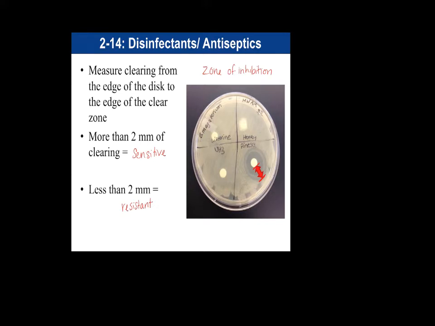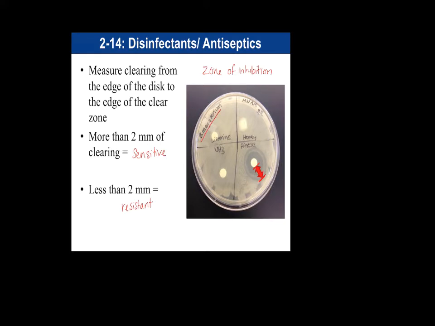If you have a metric ruler, I encourage you to take a look at how small a millimeter is. When we say 2 millimeters, it really is a very, very small clearing. So whether you get a large clearing or a very small clearing, if it is over 2 millimeters, it's still considered sensitive, meaning it's effective against that particular organism.